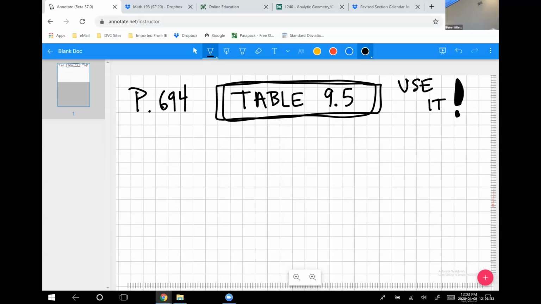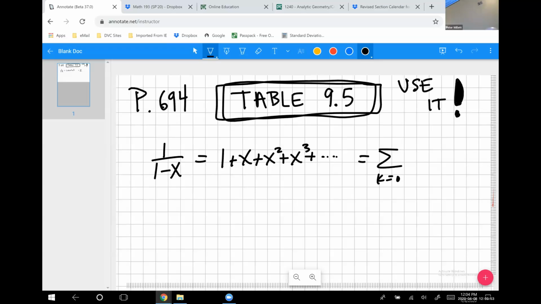For example, it has 1 over 1 minus x, which we were looking at, and they point out that's 1 plus x plus x squared plus x cubed, etc., because this is just a geometric series, and you can write that as a formula where you have the sum from k equals 0 to infinity of x to the k. So this is our simplest polynomial, and this works when the absolute value of x is less than 1. So this is one of our results.